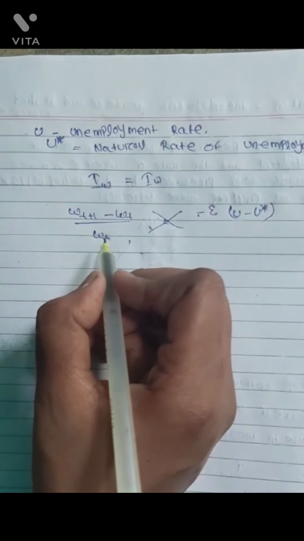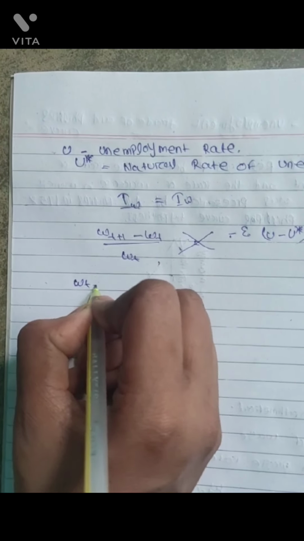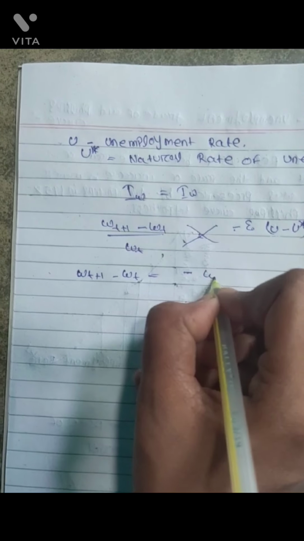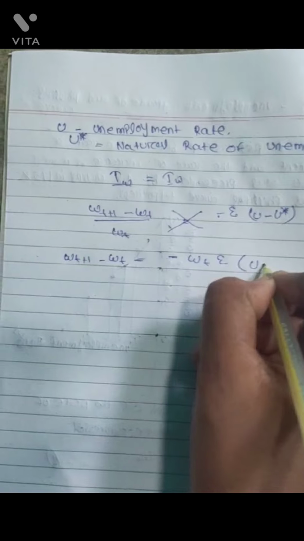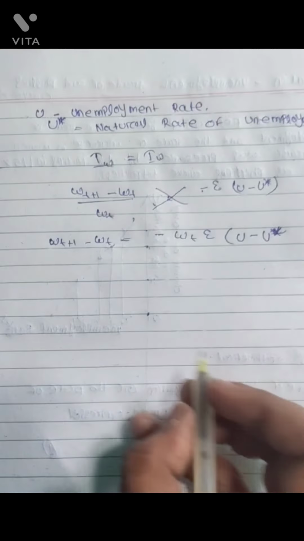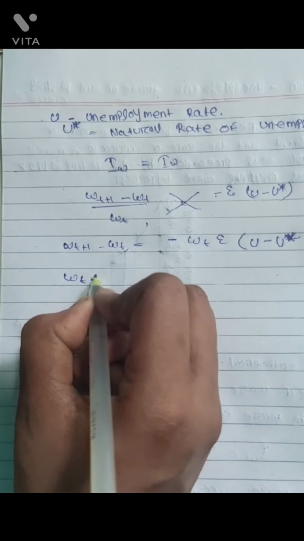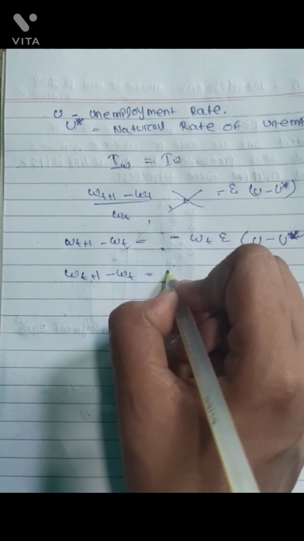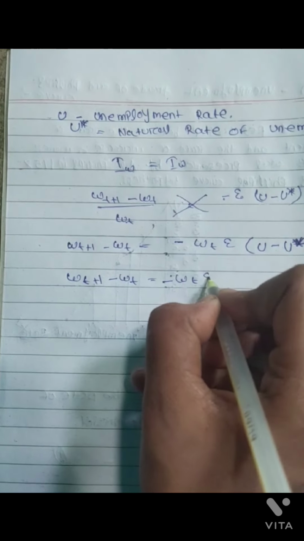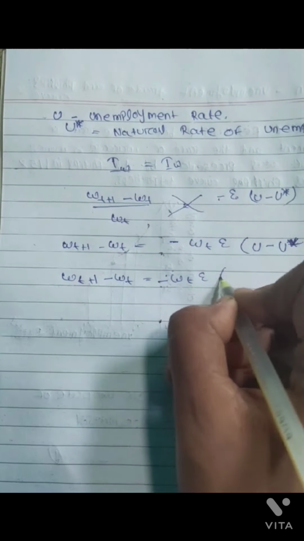Now solve this by cross multiplying: WT+1 minus WT equals minus WT summation (U minus U star).